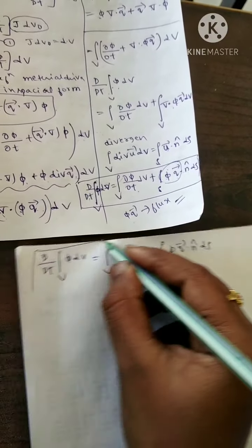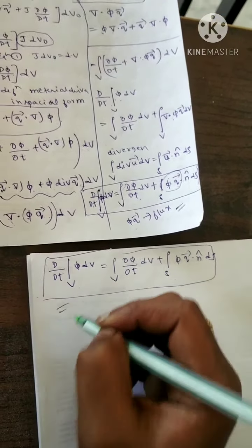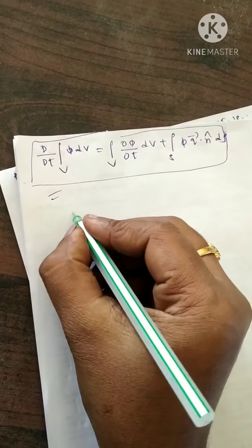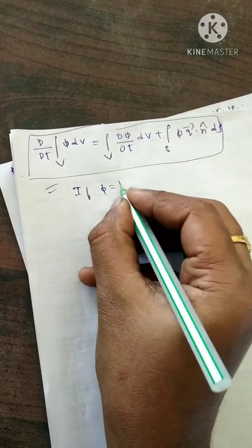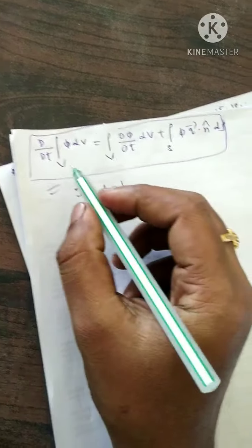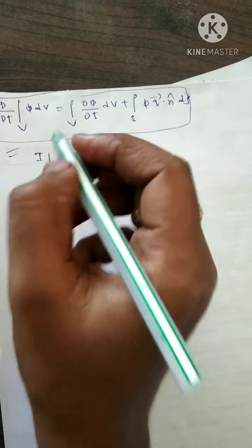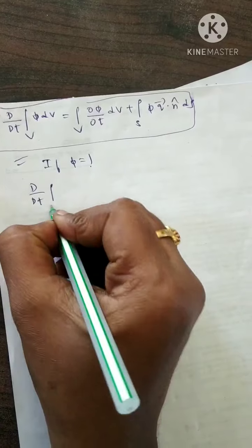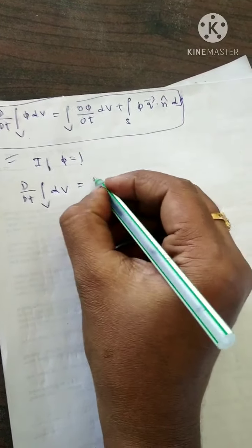This is the Reynolds transport formula we have derived just now. Now what happens to this equation? Suppose pi is equal to 1, wherever pi is there, I will just replace pi with 1. So when you replace pi here with 1, it becomes something like this.